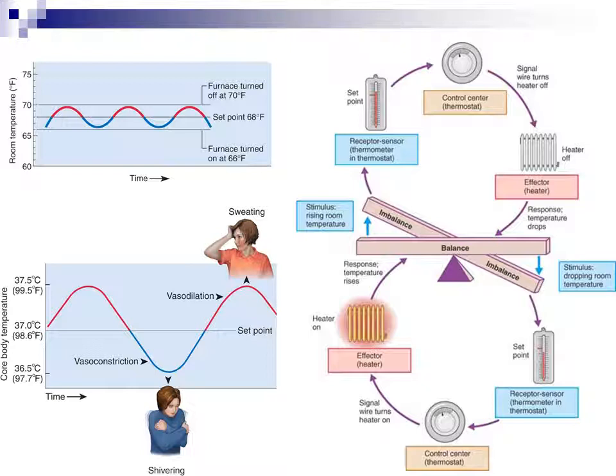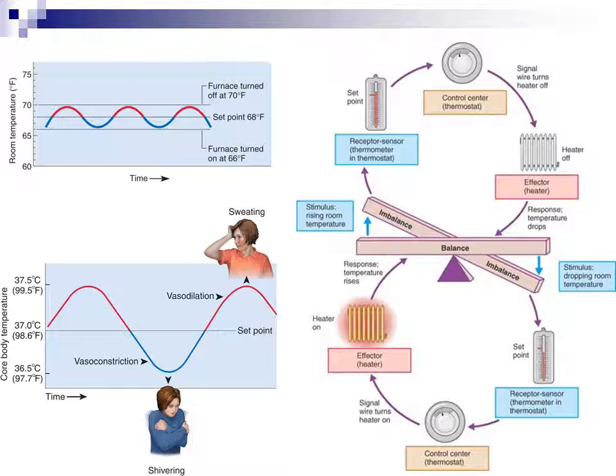The thermostat then sends information to the effector, once again the heater, via the efferent pathway, and this time signals it to turn off. Hopefully, by turning off the heater, the room temperature will now decrease. In this way, the heater cycles on and off, and the temperature is always fluctuating, but the temperature is remaining close to the ideal temperature that you desired.